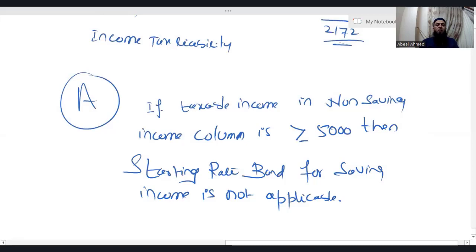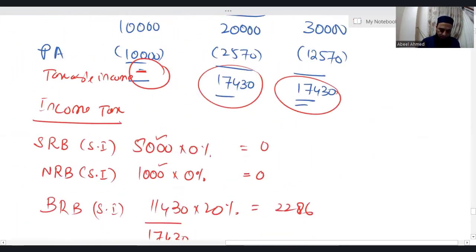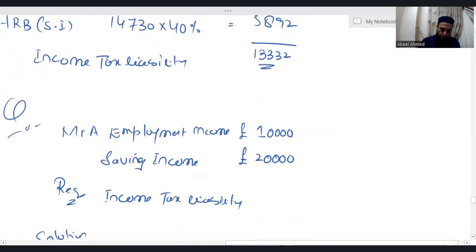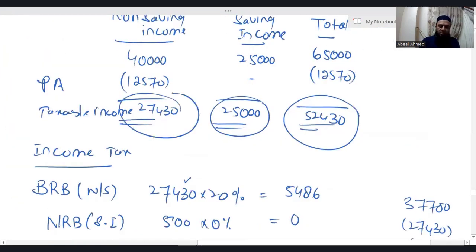So the starting rate band rule does not come for the saving income. Like in the previous question, you can see that I did not discuss any starting rate band. Look at this. If I go back here, the taxable income is more than 5,000. It is 27,430. That is why in this question, we did not say anything about starting rate band.